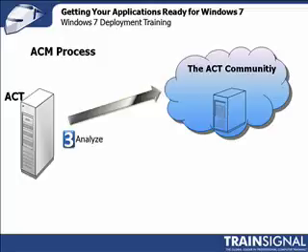This is going to make our lives easier because if you have an application that's not running properly, you don't have to reinvent the wheel. You don't have to figure out exactly what those issues are or how to resolve those issues. You can simply send the information up into the ACT community, and then the response will be, oh, that application, you need to put these fixes or shims on that application. And shim is just another word for fixing the application.